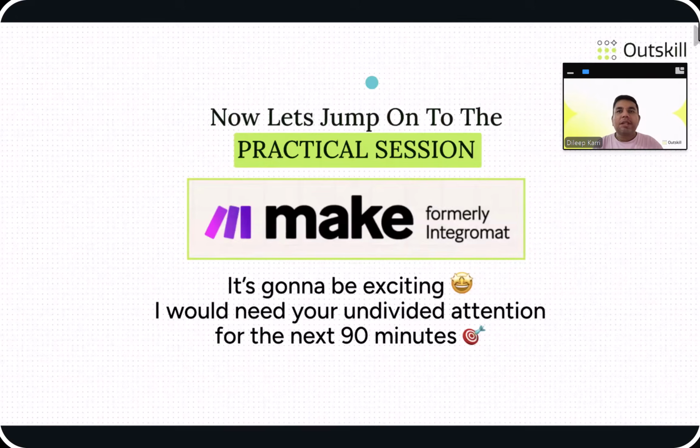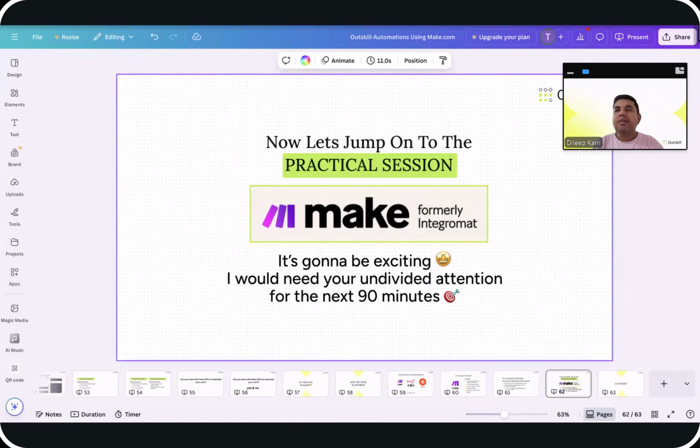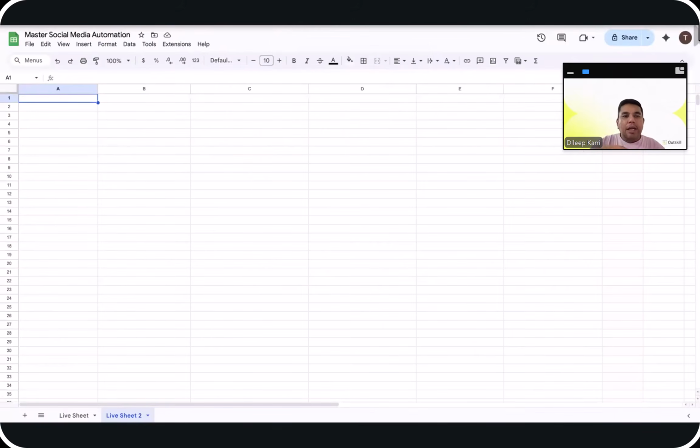To build this complete application, I will need to run this automation from a control center, and I will use my Google spreadsheet to do that. I will run my entire automation from here. What are the things that I require?